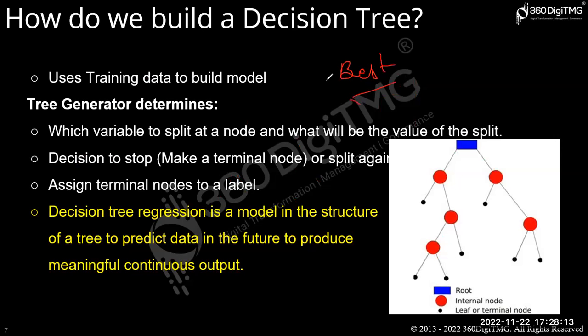So we are looking for the decision tree which has the least number of rules and gives the maximum information. So that yields the best decision tree. So, decision to stop: when exactly are we supposed to stop that algorithm?